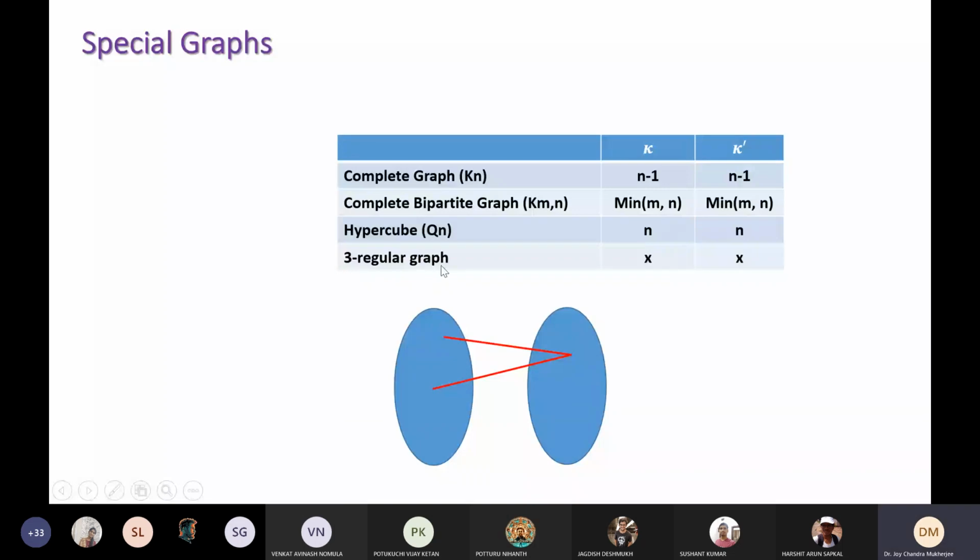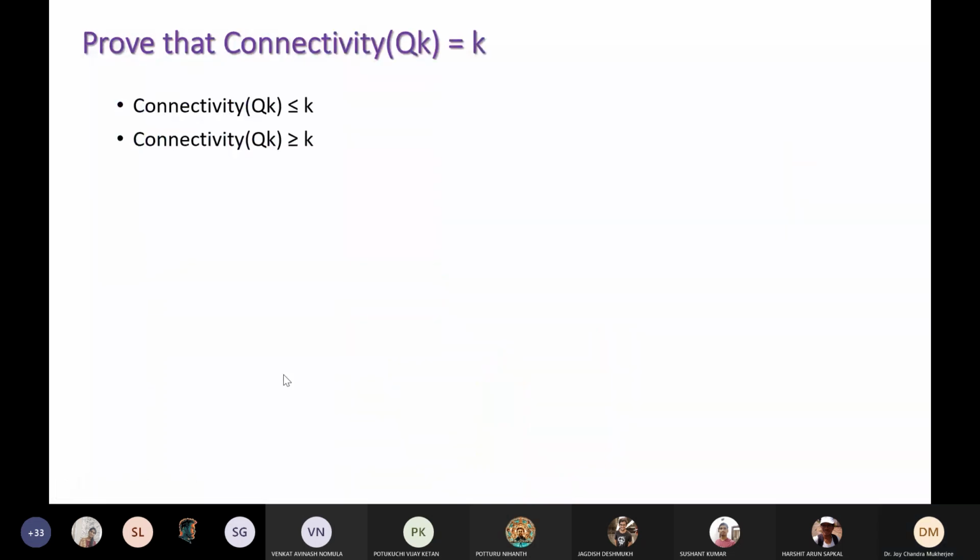And for a three regular graph, it says that for any three regular graph, if its vertex connectivity is x, then its edge connectivity must be x. So vertex connectivity equals edge connectivity for any three regular graph. This last statement, we need to prove. So we'll prove that the connectivity of Qk is k. That is something we need to prove.